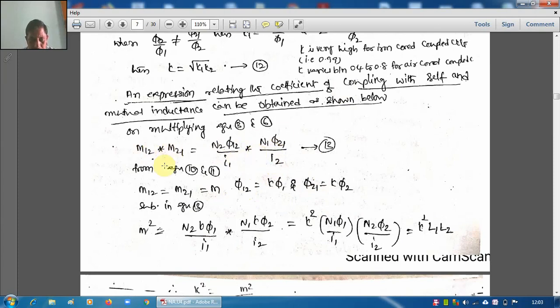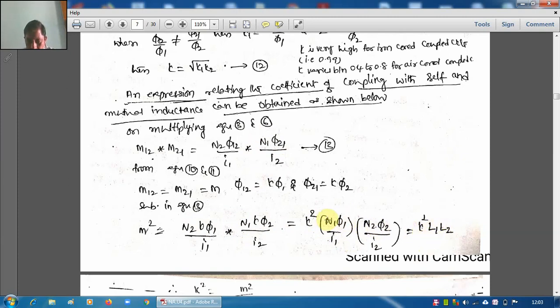So what happens? M into M, M square equal to, in this product, in place of phi 12, K phi 1 is replaced, and in place of phi 21, K phi 2 is replaced, and if we multiply all these things, you see K square L1 L2.